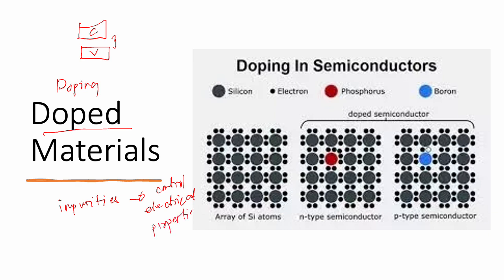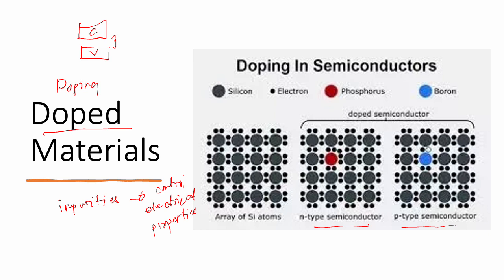So we have two types of impurities: the n-type doping and the p-type. For the n-type, the mechanism is that it introduces extra electrons.